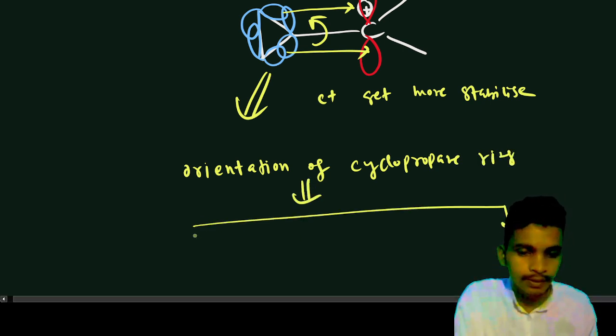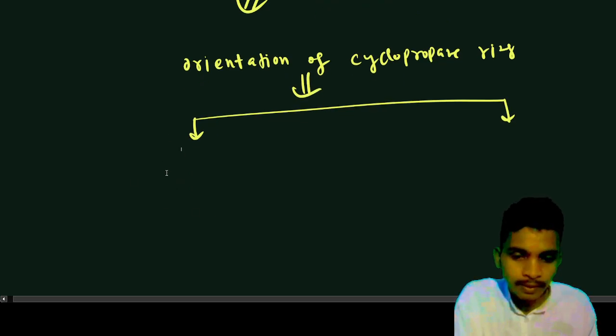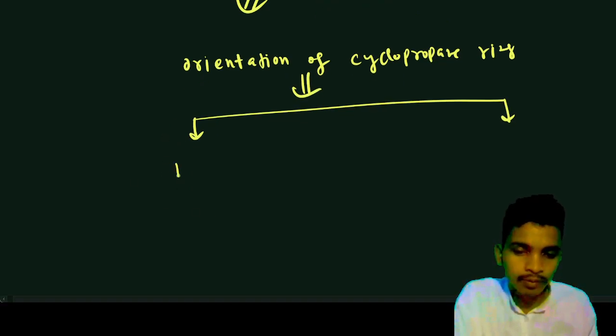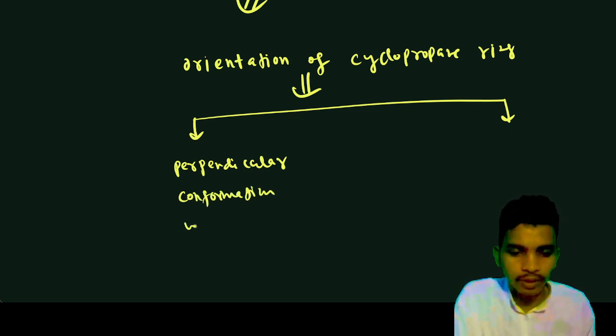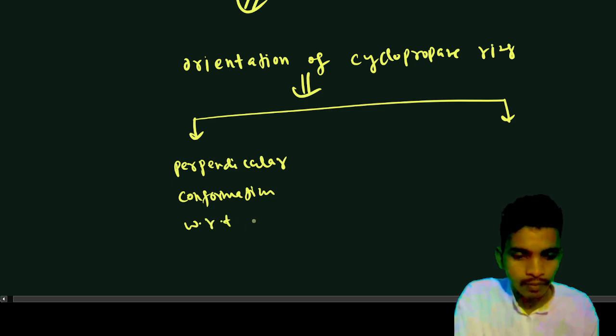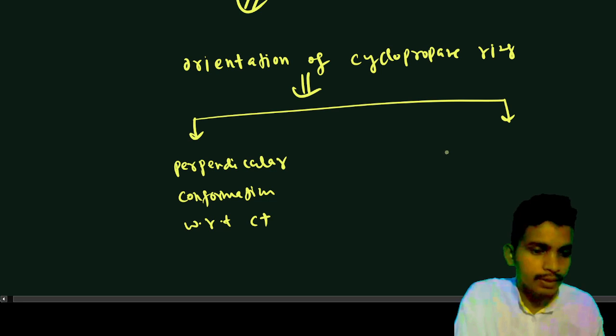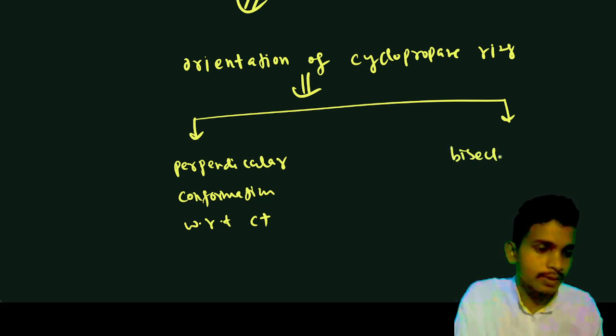One is that it can be oriented perpendicular, that is, the perpendicular conformation with respect to the carbocation, or the other is the bisected conformation with respect to the carbocation.